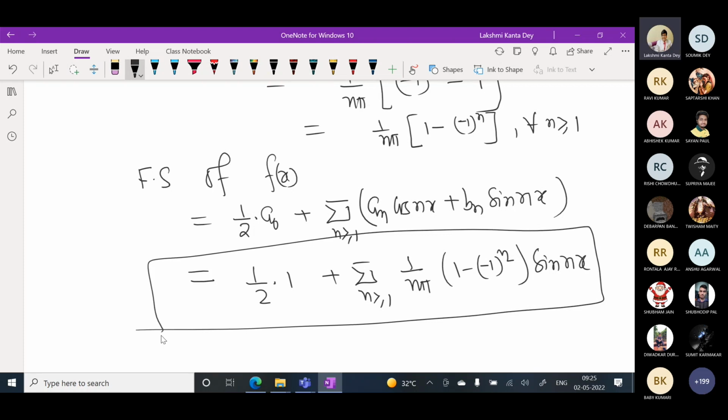Now the question is regarding the convergence of the Fourier series. So what is the significance of a Fourier series? Suppose you are given a function which is just a periodic function. This could be very much arbitrary. I can come back to the problem in general and then come to the Fourier series.